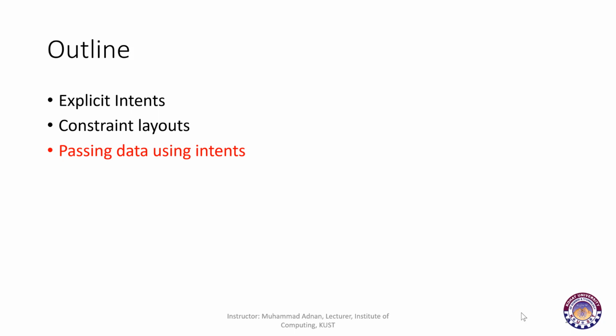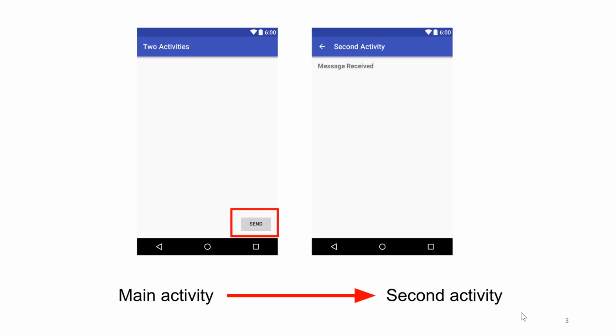So with that, let me once again give you an overview of what we were doing in the previous class. We created these two activities, the main activity and the second activity. And we said that when clicking on the send button, we are navigated to the second activity.